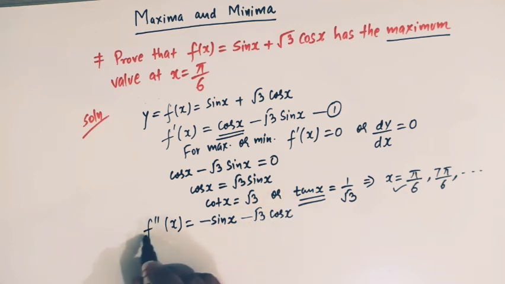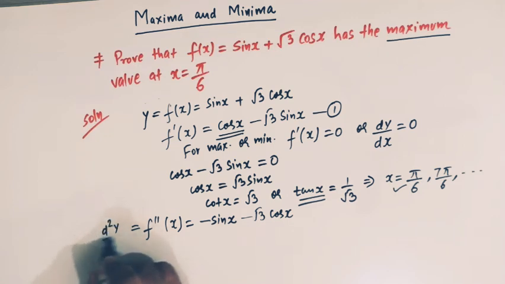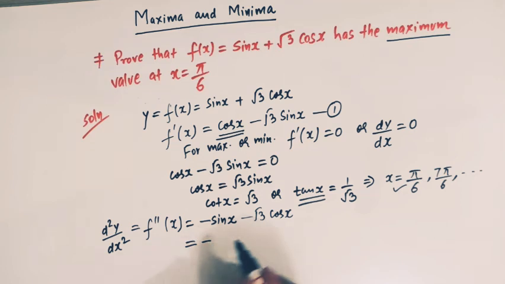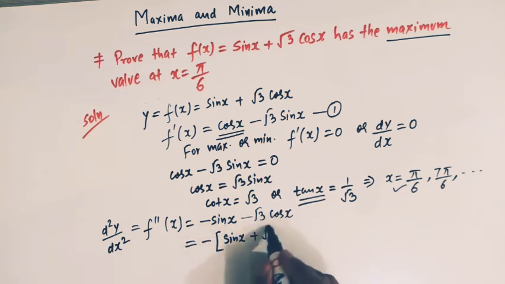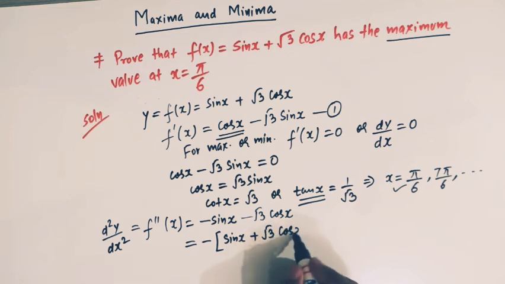Now this second derivative, which is d2y over dx2, can also be written as minus sin x plus root 3 cos x, right?